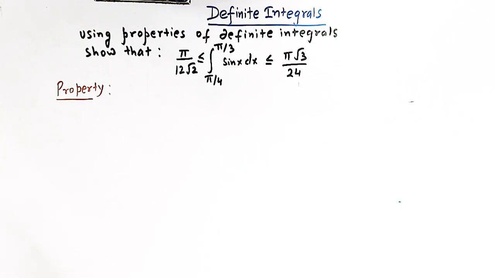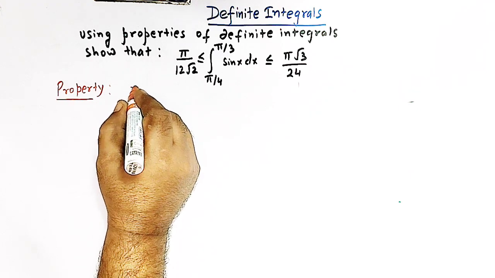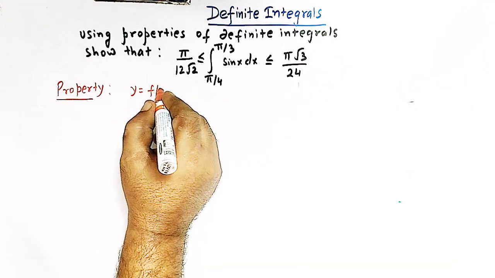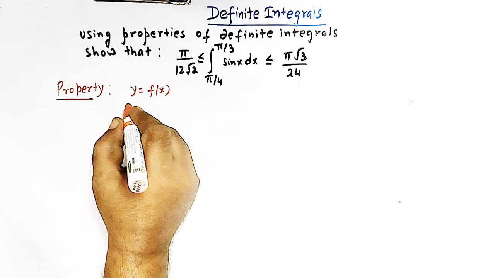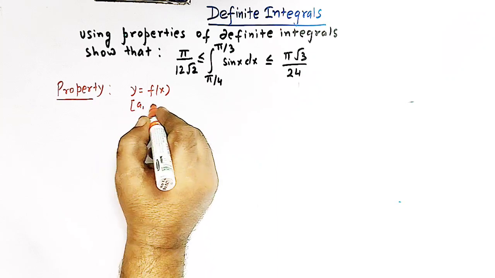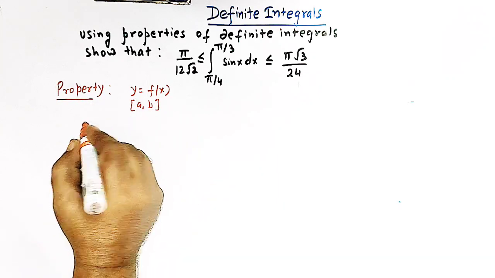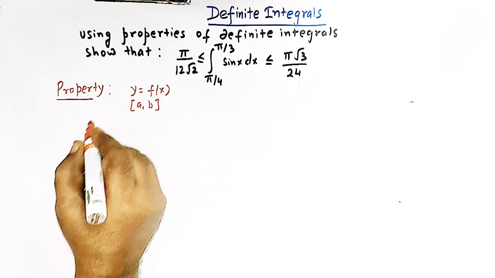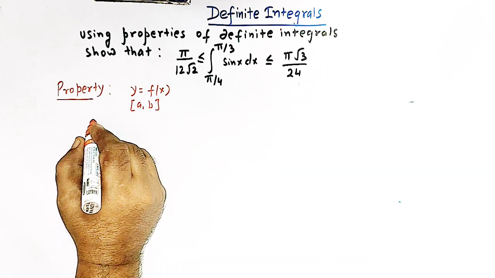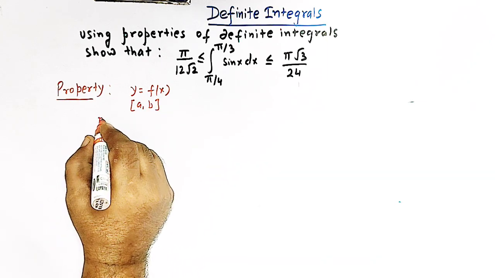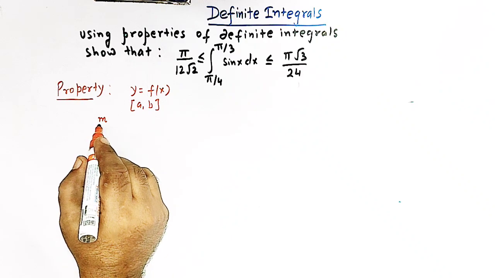So let us first state the property. Suppose we have a function, say y is equal to f of x, which is a continuous function in the interval a comma b. And let us suppose that this function has a minimum value as small m.